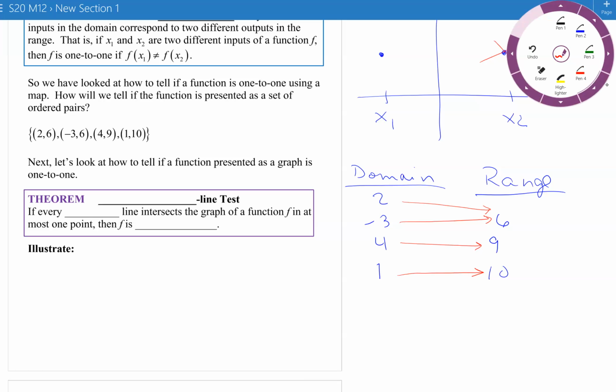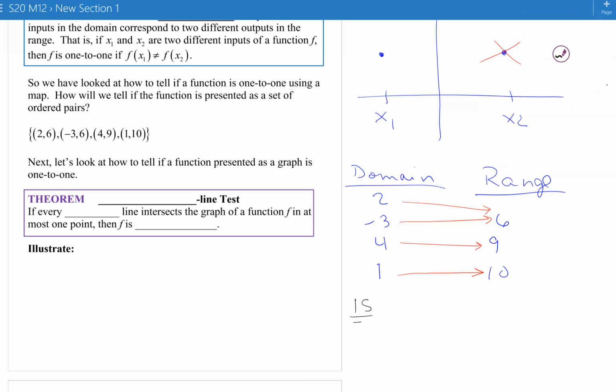And 1 corresponds to 10. So this is a function, but it's not one-to-one, because if something cost $6, we would not be able to tell what item it was that you bought.